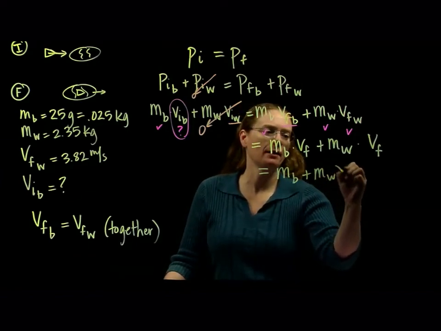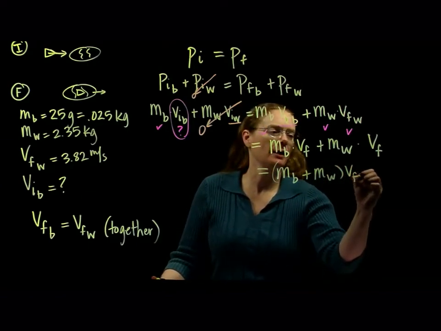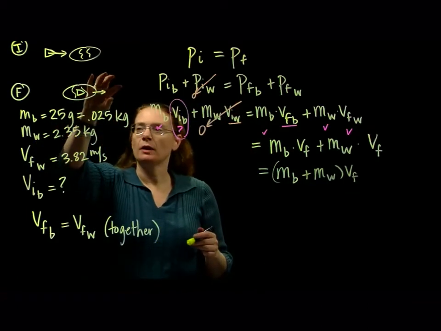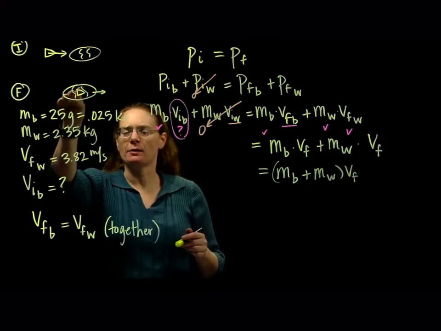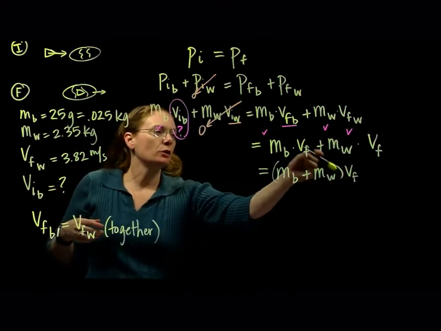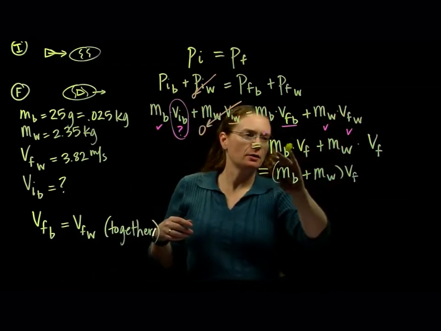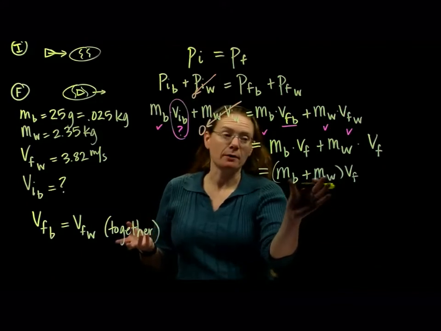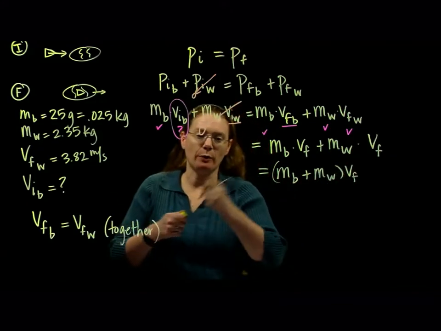It's the combined mass times V final. And if you think about it, what's the momentum in this picture? Well, it's mass plus mass, combined mass moving at a certain velocity. So you can either do it separately like this, or you can say, well, they're together, so it's the combined mass moving at some velocity. I don't care which way it goes.